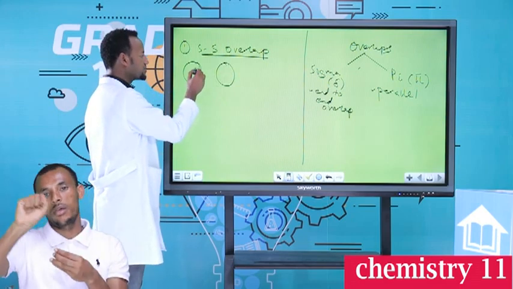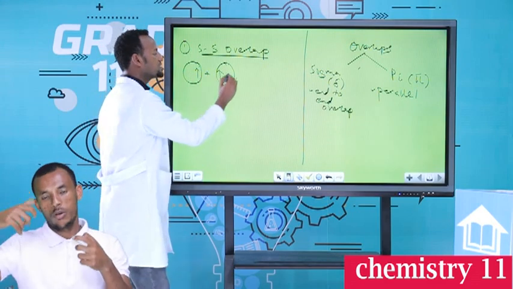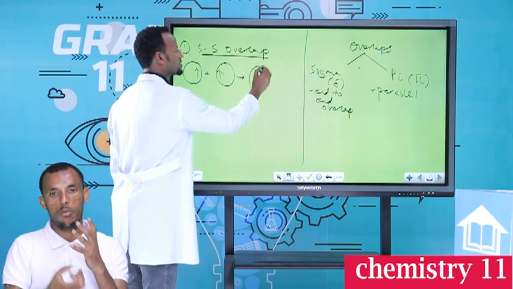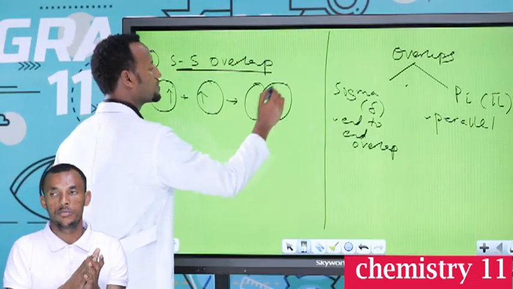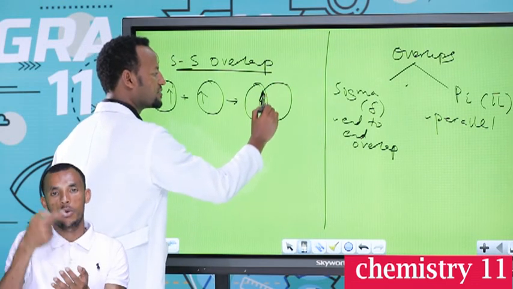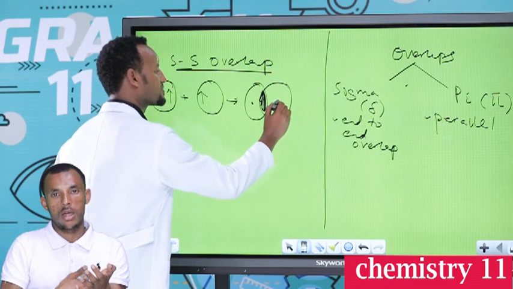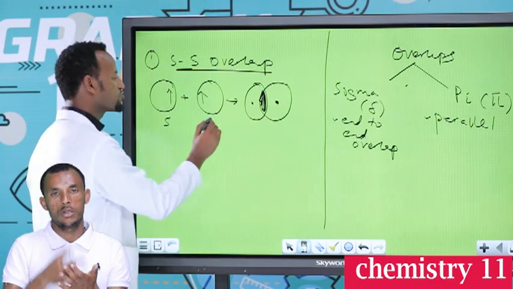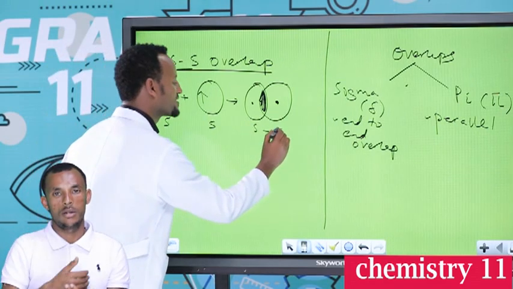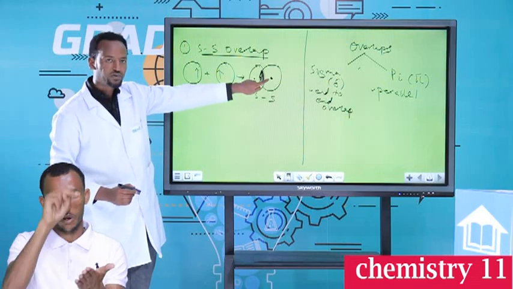This spherical contains one electron, another spherical contains one electron. Between these two produces this overlap, which contains two electrons. This is the nucleus, this one is the nucleus. This is S, this one is S. This one is SS.